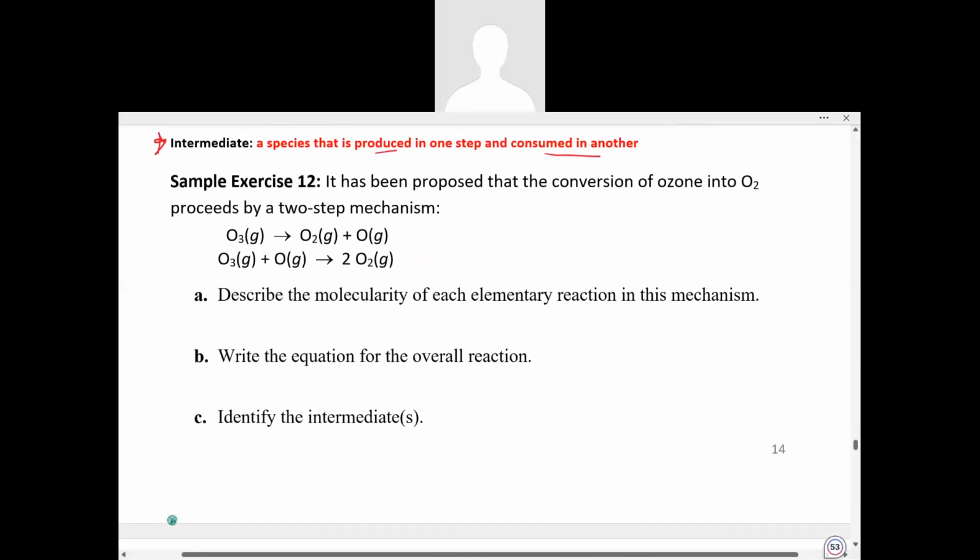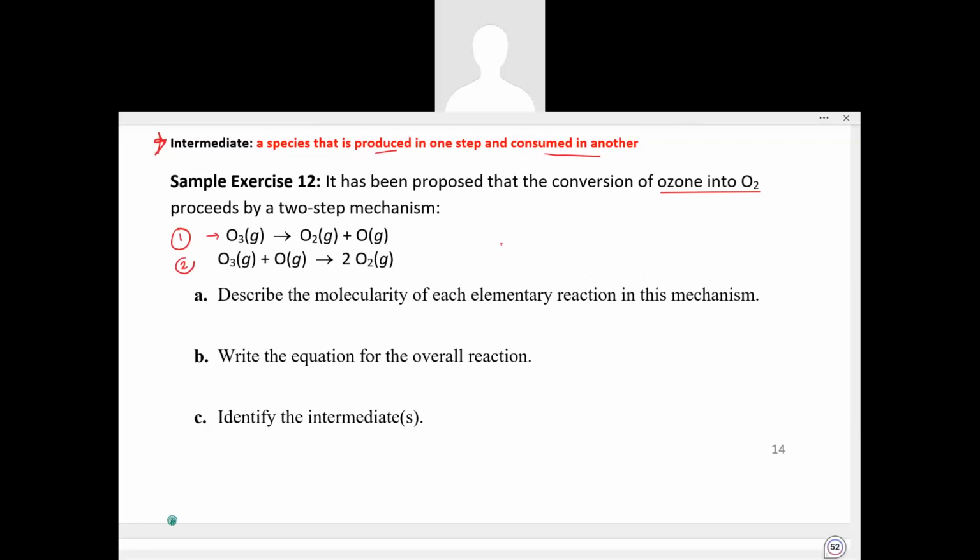So we're given this proposed mechanism for the conversion of ozone into O2. So that's what we see over here. We see our reactant ozone, and then that produces in our first elementary step a diatomic oxygen, O2 gas, and O. So that's the first elementary step.